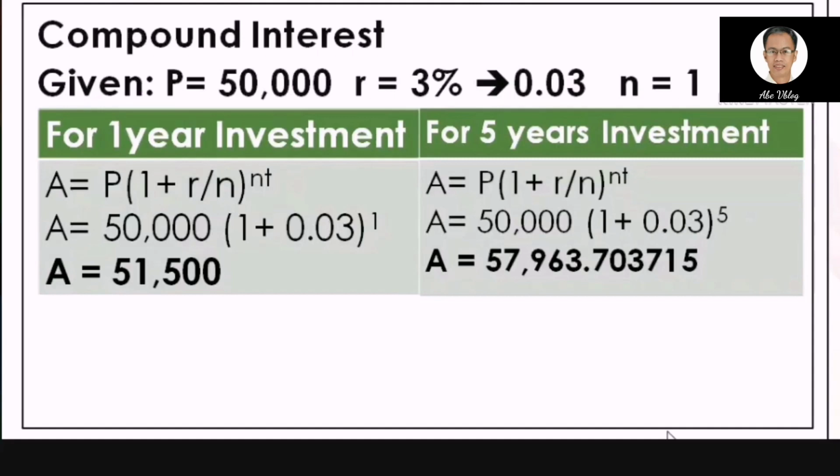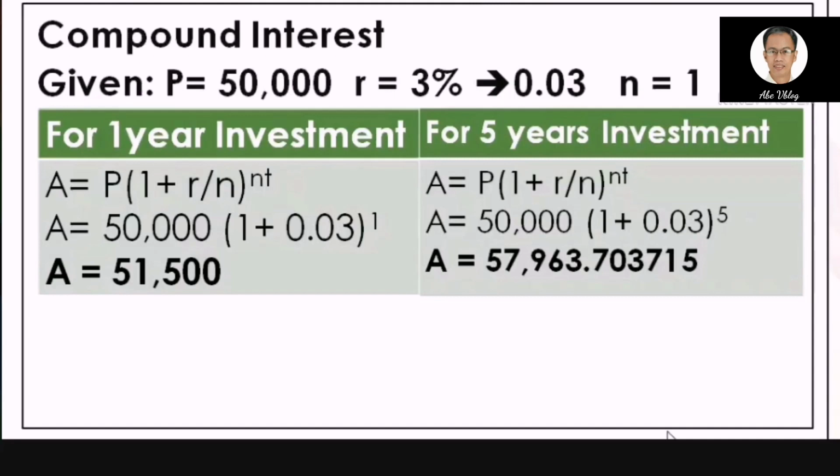Then the value now is 57,963.703715. So in this case, it earns a lot from 5 years. However, if you're going to notice, the greater the number of terms, the greater the return on investment for the compound interest.